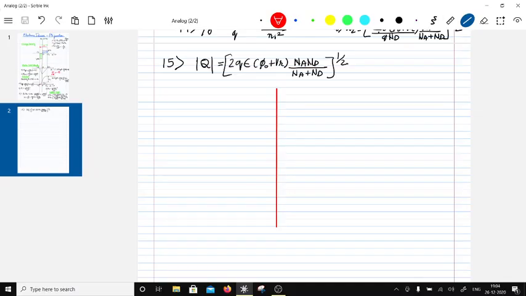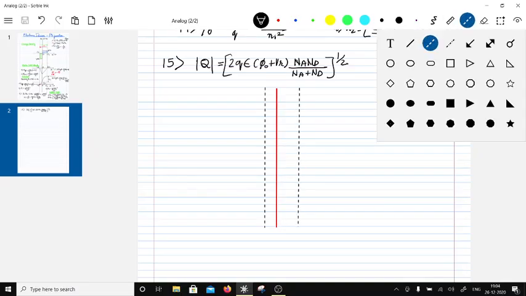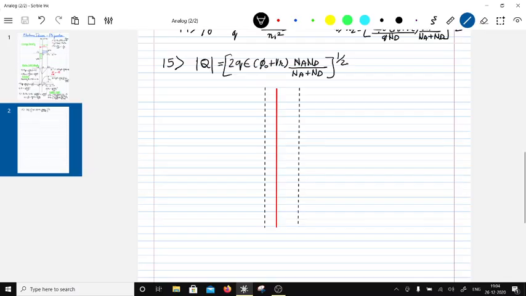Okay, so let's do the carrier density over here. The two sides of the junction are like this, and basically the carrier density is going to be, just one second, so this is x, and the carrier density goes this way.